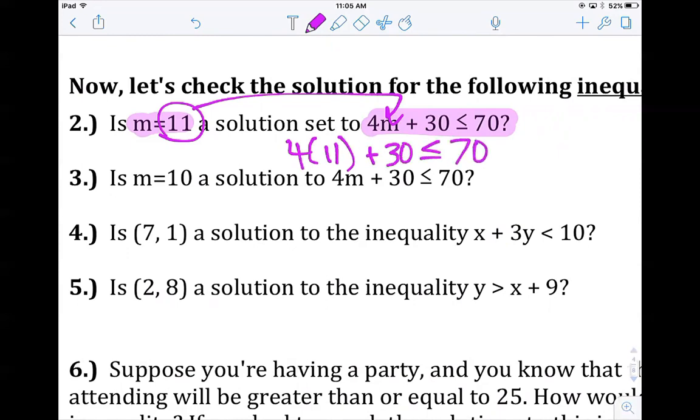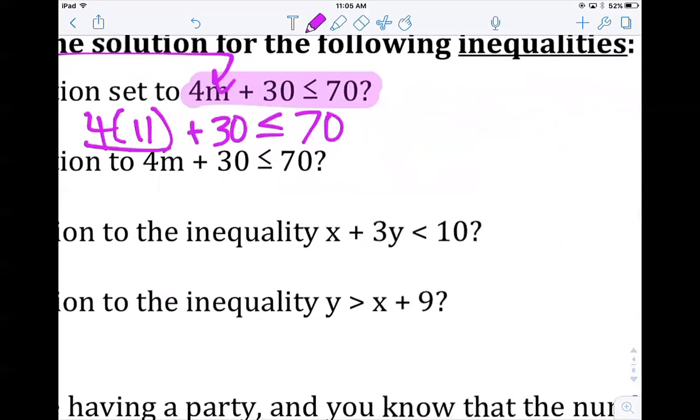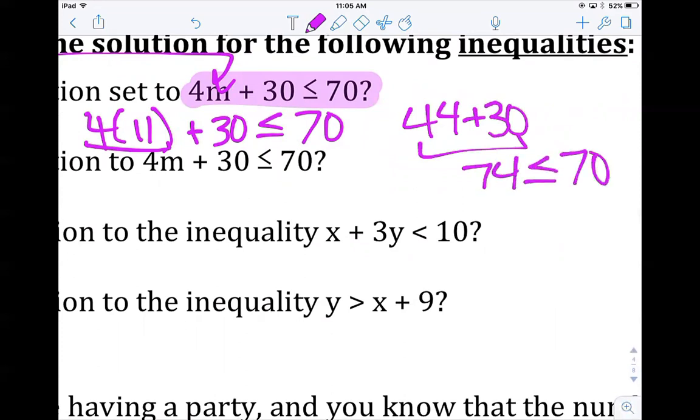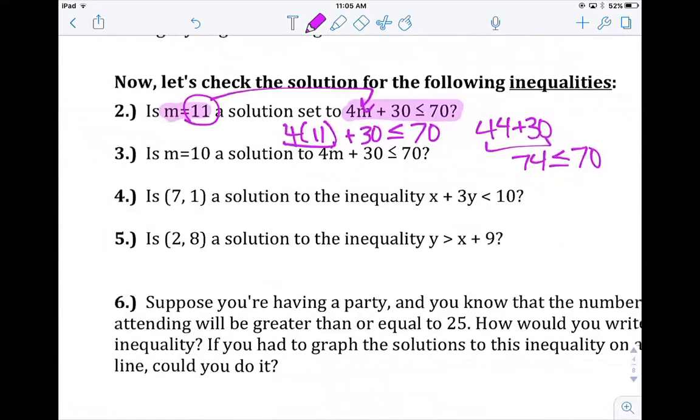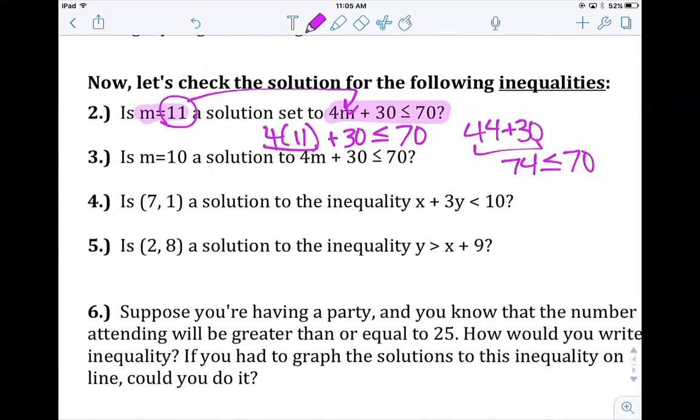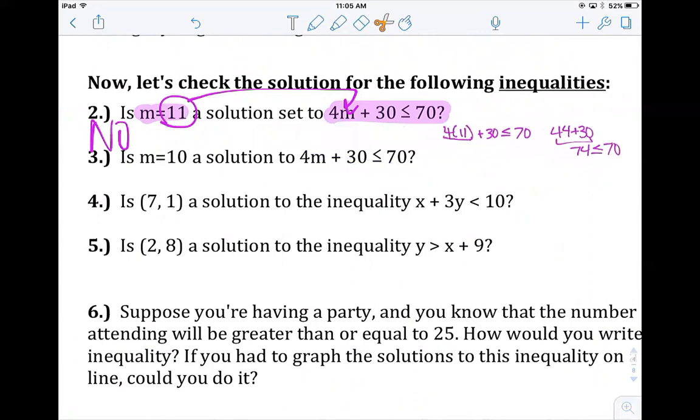We want to see if that is true. 4 times 11 becomes 44, plus 30, which is 74, and 74 is not less than or equal to 70. So this is a no. It is not part of the solution set. We're checking to see, when plugged in, does it work out? It's just a yes or no question from that point.